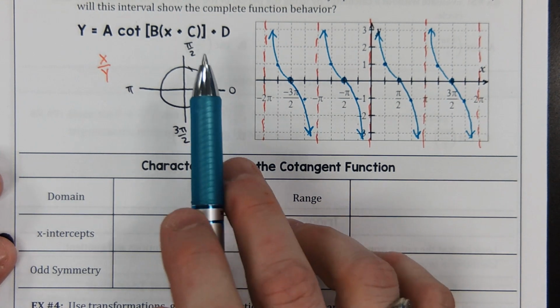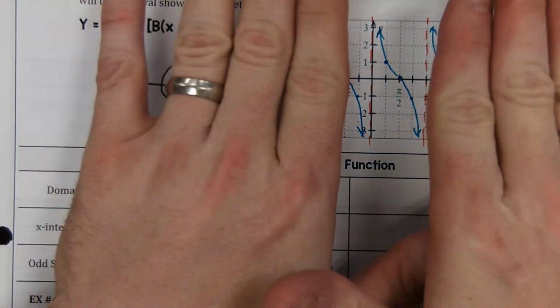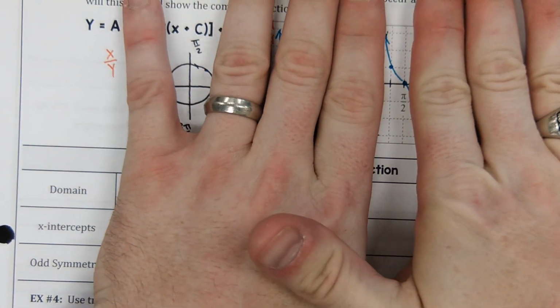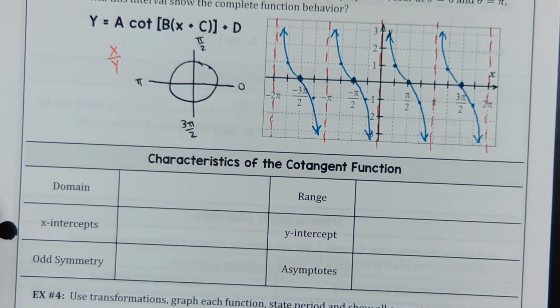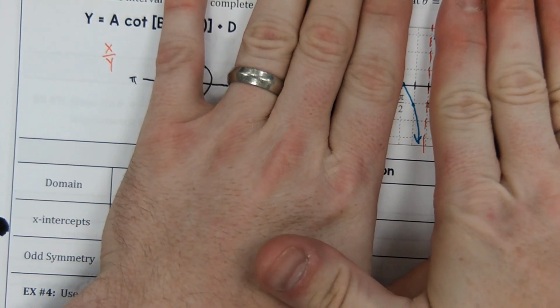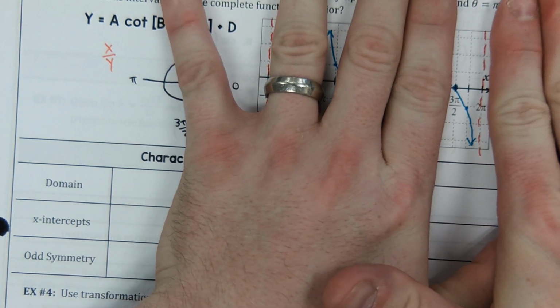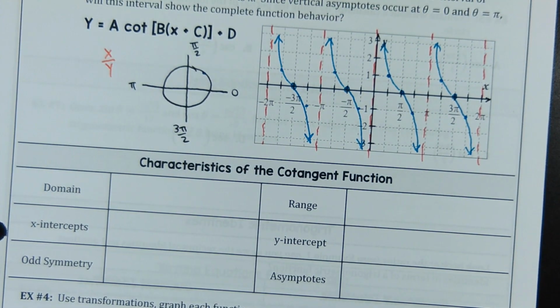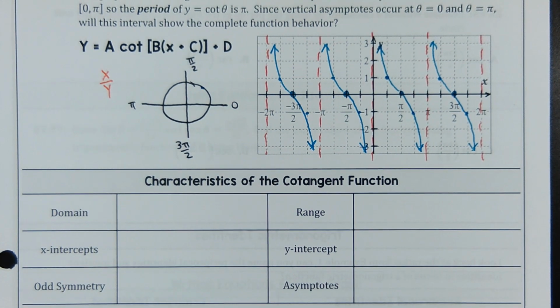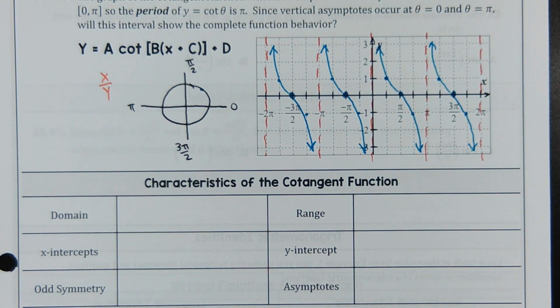In quadrant 1, tangent and cotangent are both positive. There's quadrant 1. In quadrant 2, tangent and cotangent are both negative. There's quadrant 2. And quadrant 3, and then quadrant 4. So same plus minus behavior, but the asymptotes are in different places.